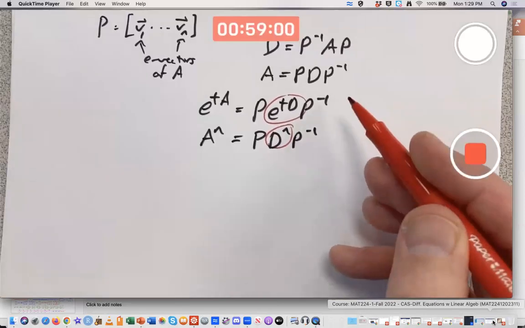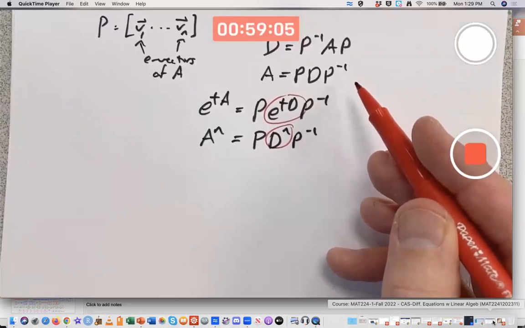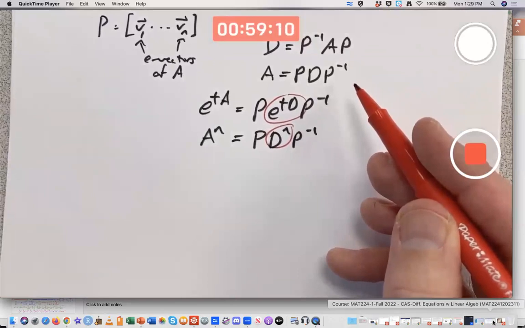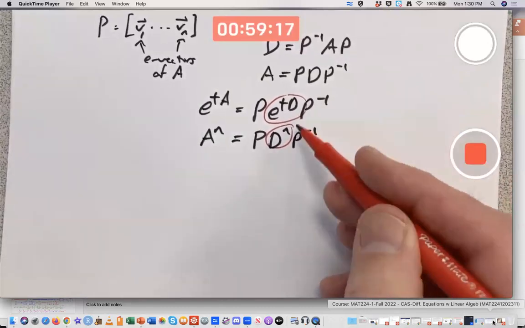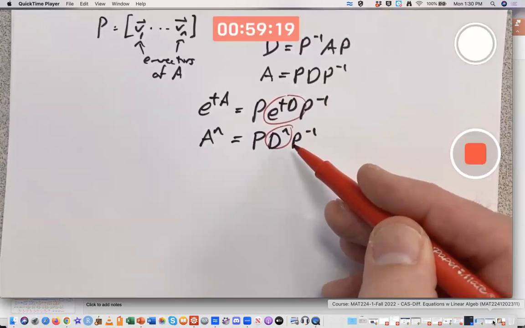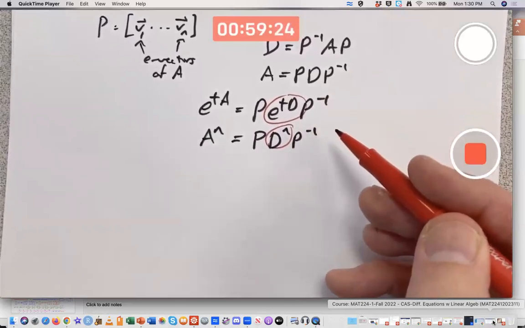If A has real eigenvalues but is not diagonalizable, like it's got a repeated eigenvalue, for example, and its Jordan canonical form is not diagonal, it's got a 1 up in the upper right, this is still useful because you can still compute these things more easily, though the P is harder to figure out. On last year's exam, I made that part of the take-home. Probably too hard to put on the in-class portion with the Jordan canonical form.